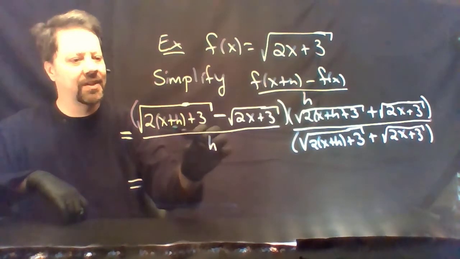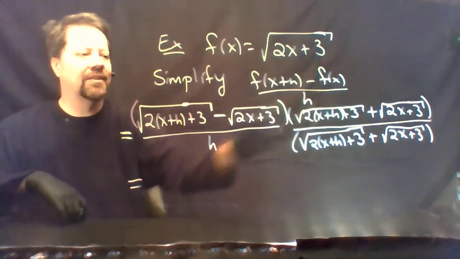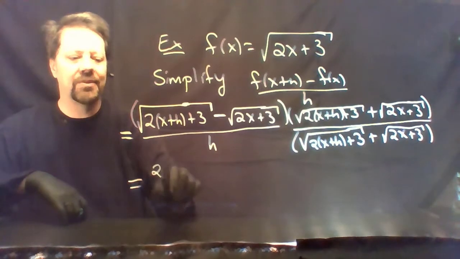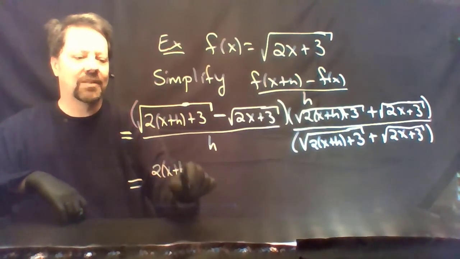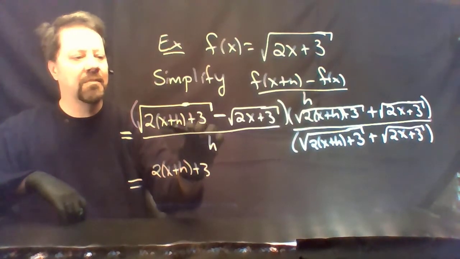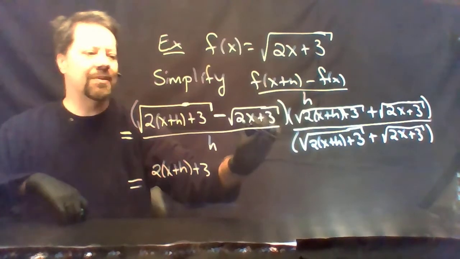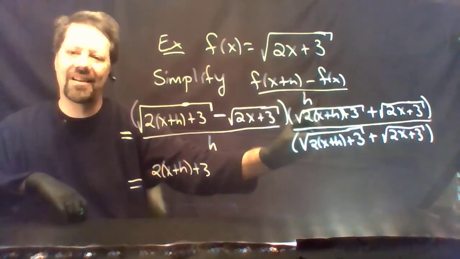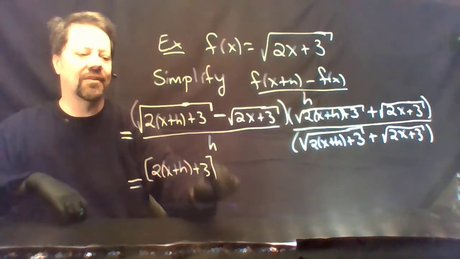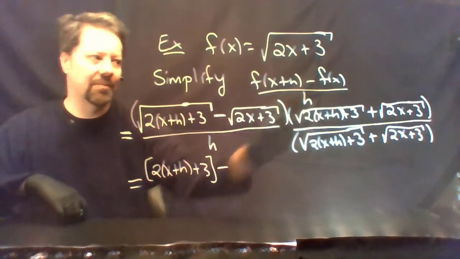How this works is, you FOIL this out. When you FOIL this out, the square root on this first term cancels. You have 2 times the quantity, x plus h plus 3. When you multiply the outer terms, you get the opposite of what you get when you multiply the inner terms. And so all of that cancels out. We're left with the product of the last terms.